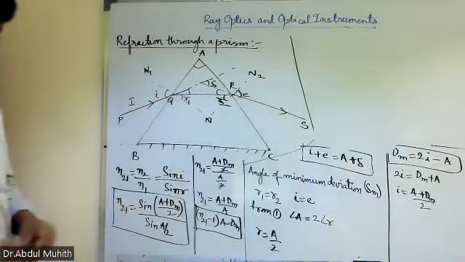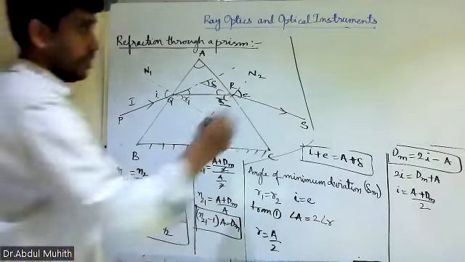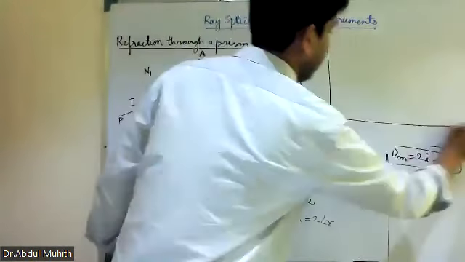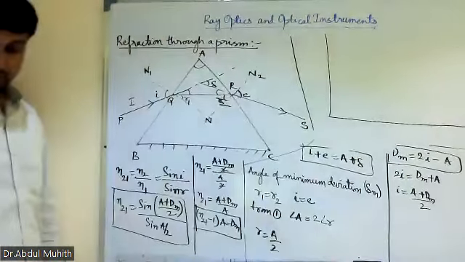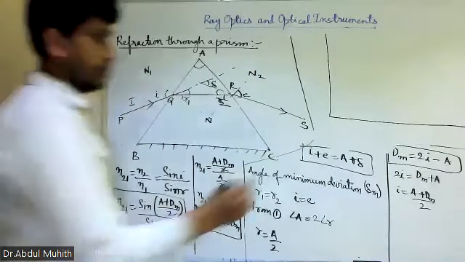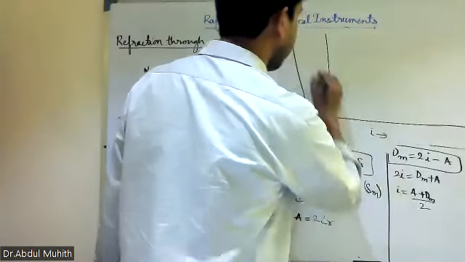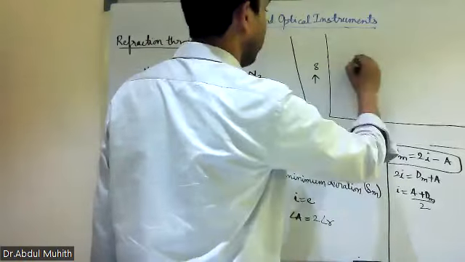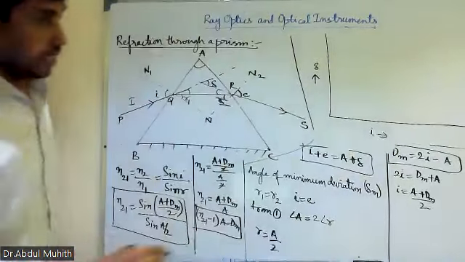Now, see, here we have this graph. Angle of incidence versus delta. Okay, this is i versus delta. So the graph is like this.